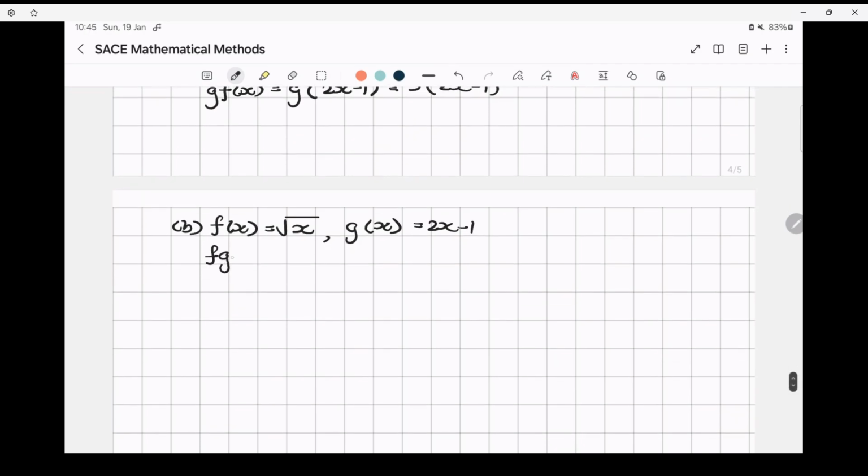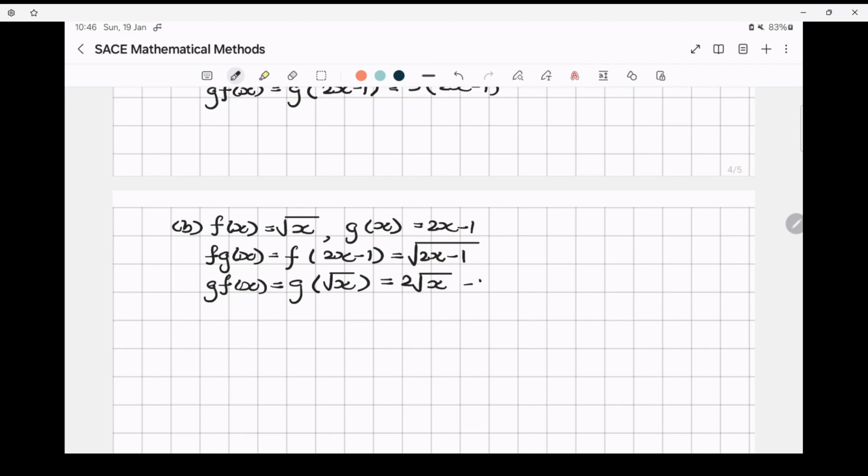So f of g will be f of 2x minus 1, so this will be the square root of 2x minus 1. If you have g of f, this will be g, where f of x is square root of x. So then you have 2 square root of x minus 1.